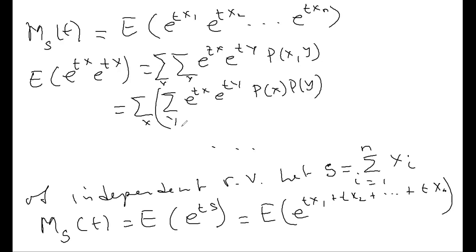Then if I want to do this sum for x alone, for y alone, we do the sum on y first, and then all terms without y become constant.